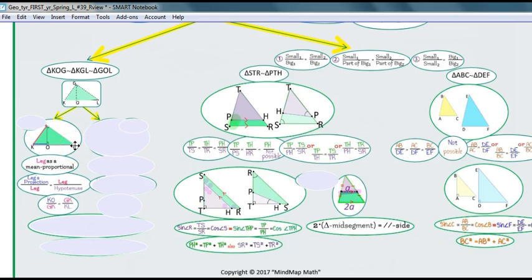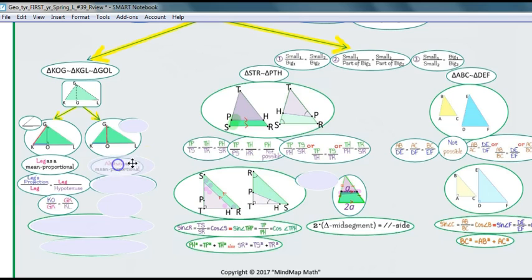Now there is a visual mnemonic to remember here. To recall this rule: the leg is a mean proportional between its projection and the whole hypotenuse. Same picture, but a different piece of information. What if you didn't have anything, not even a question, about the leg of that triangle, but you had an altitude instead?